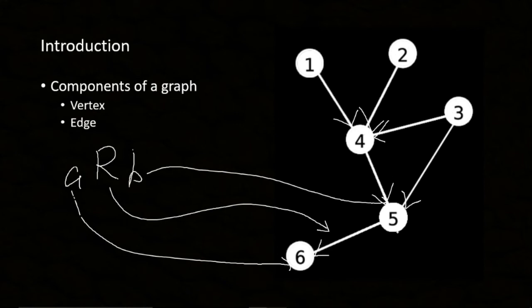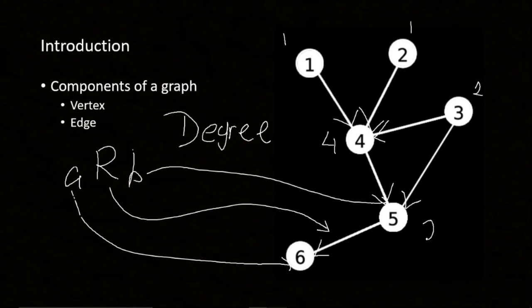Another term in graphs is called degree. A degree is how many vertices are connected to that particular node. For instance, this node here has a degree of 1. This one is also 1. This one is 2. This one has 4.